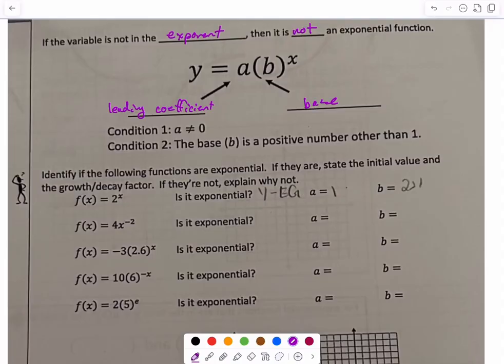Okay, identify if the following functions are exponential. State the initial value and the growth or decay factor. If they're not, explain why. We would say yes. Our A is a 1 and our base is a 2. That looks good. I would say yes there.